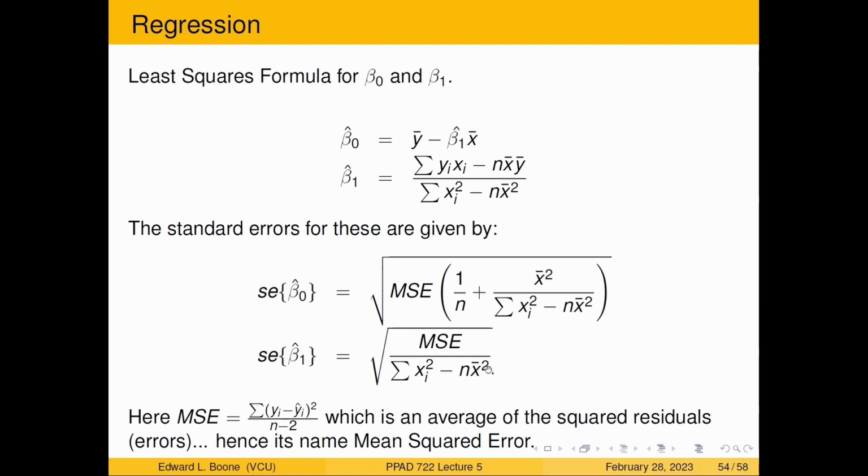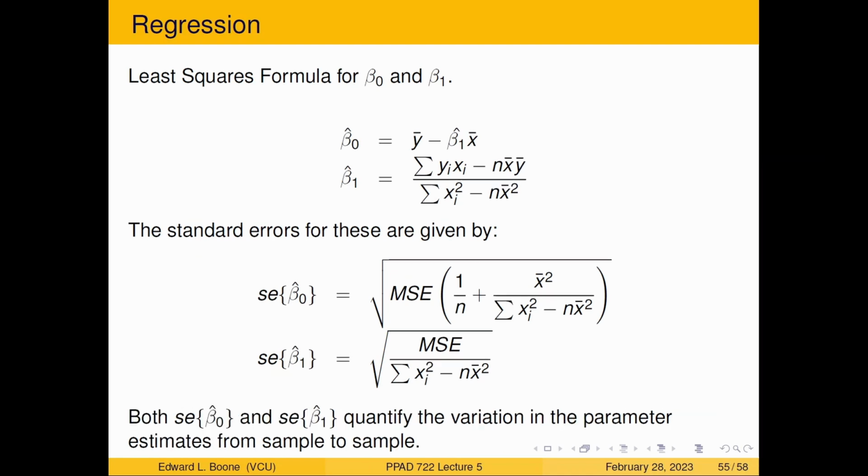And if you want to, you can calculate these, and this will give you the standard error, which is on your output for most regressions. Okay, and it tells us how much things vary from sample to sample. And the beauty of this is we don't need to go sample to sample. We can do this theoretically, and we can find out how much it will vary from sample to sample.